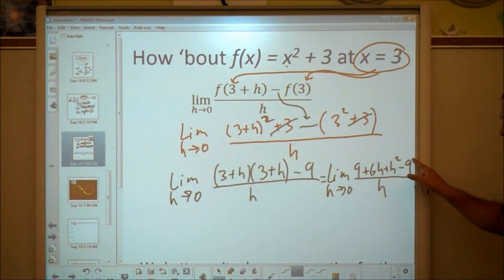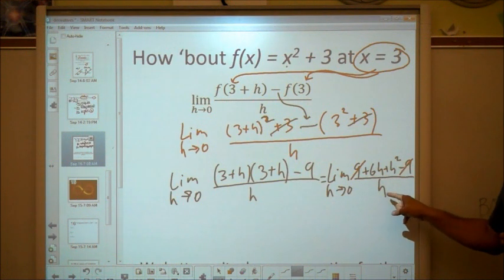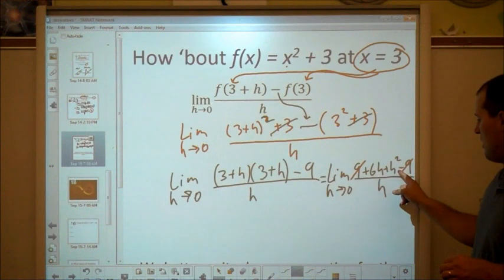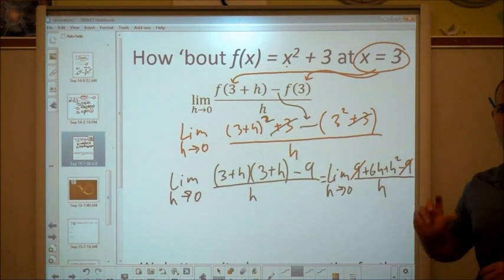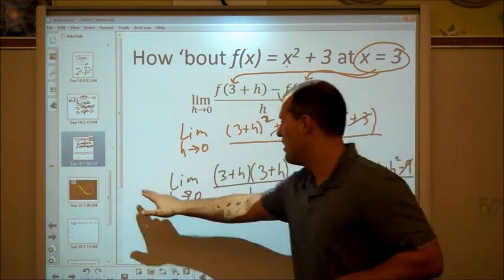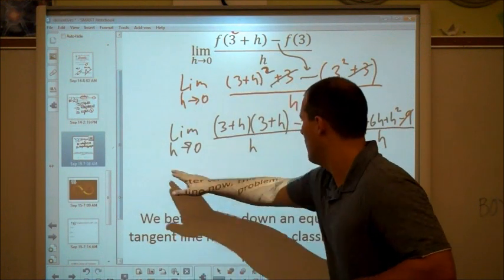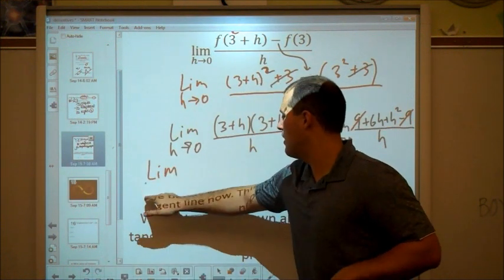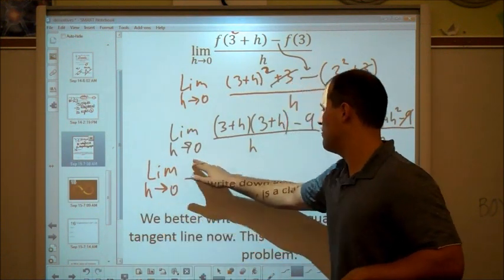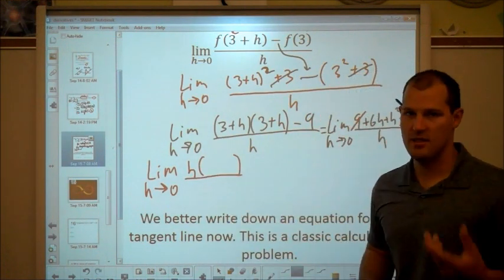And right here I've got a 9 and a 9 that'll cancel out, and I'm left with this 6h plus h squared, but my h is still on the bottom. So what I notice is I have an h on the top in both of my terms, and that means I can factor it out. Limit as h approaches 0 of, factor out that h, and then see what remains.